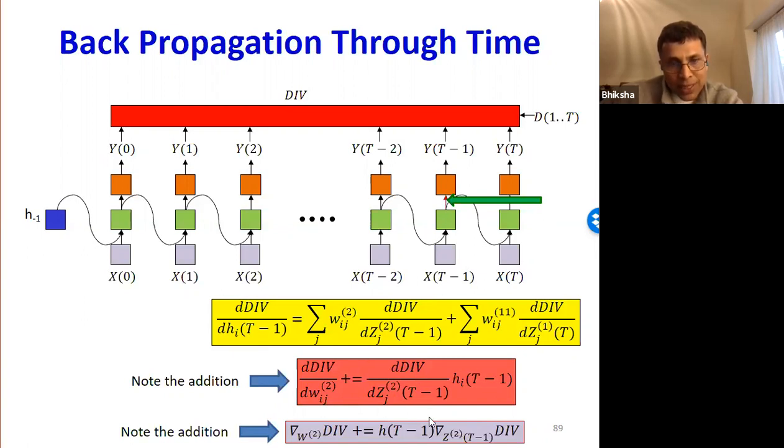In fact, I'm adding the derivative that I computed at time t minus 1 to the derivative value that I've already stored, that was computed over here. So the derivative of the divergence with respect to W2 was first computed here, and now I'm adding to it as a plus equals h at t minus 1 times the derivative for z2 at t minus 1.